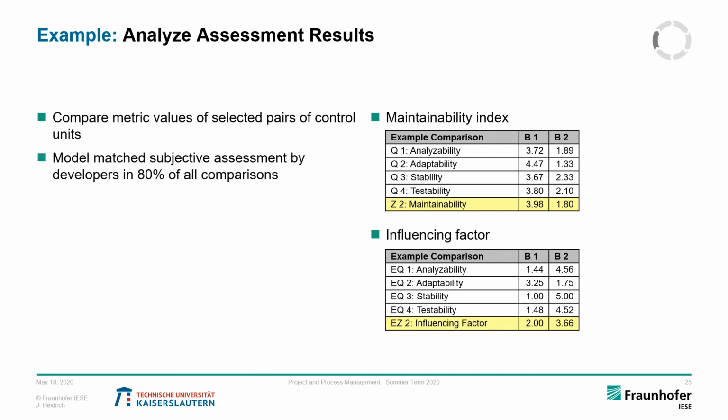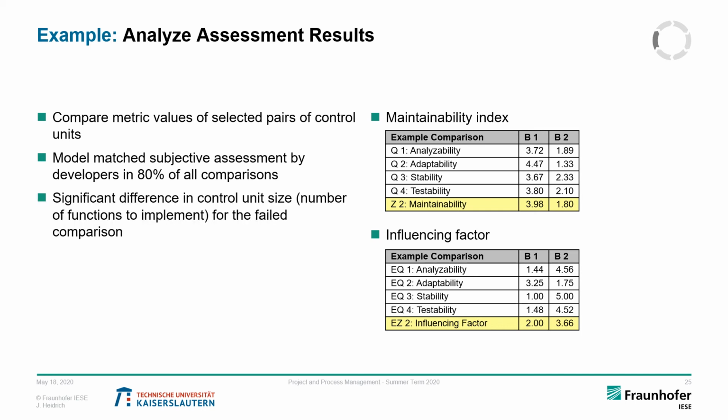In our model evaluation, we compared the results of our quality model with the subjective assessment from the developers, and this really matched in 80% of all the comparisons. So we were quite positive that the model really worked as expected.